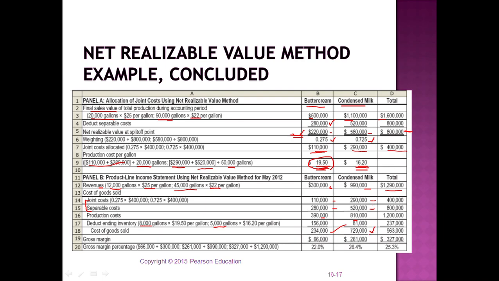Revenue minus the cost of goods sold will give you the gross margin, and then you can calculate the gross margin percentage. How to calculate the gross margin percentage?